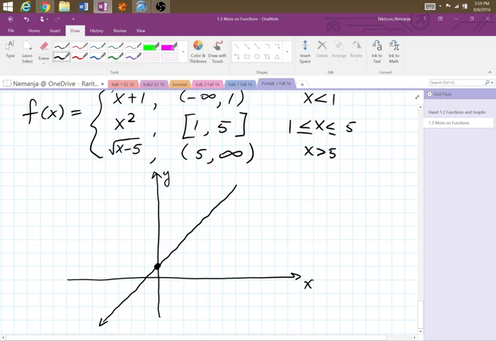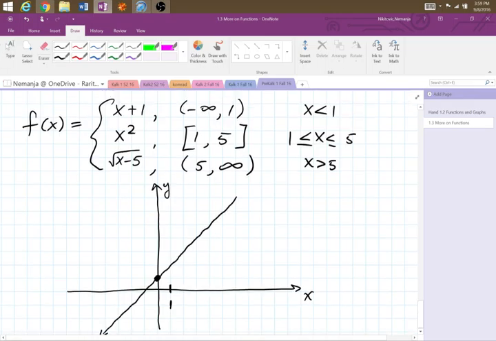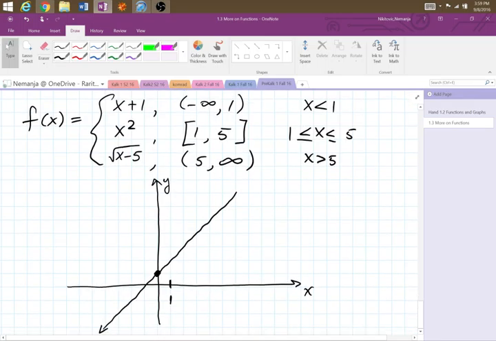I get to erase now the part that is after 1, because at x equals 1, this function stops existing. This function is only available between negative infinity and 1.